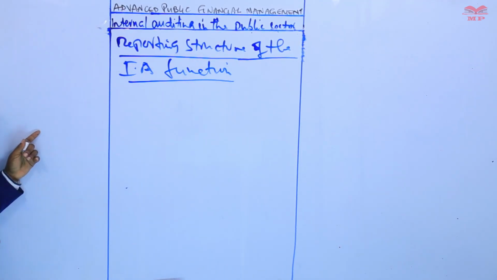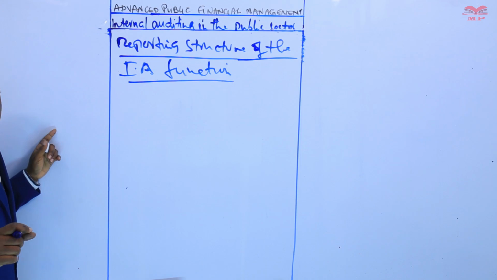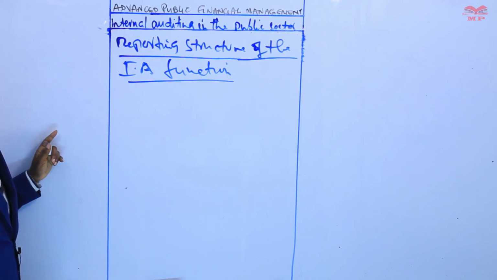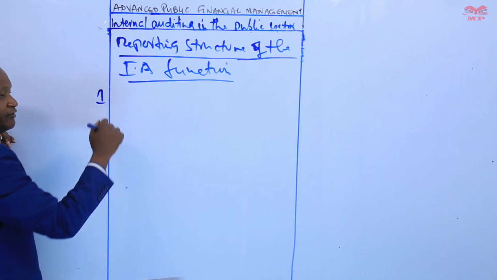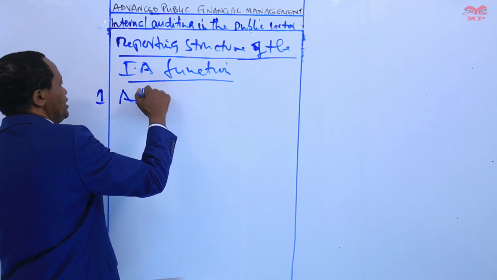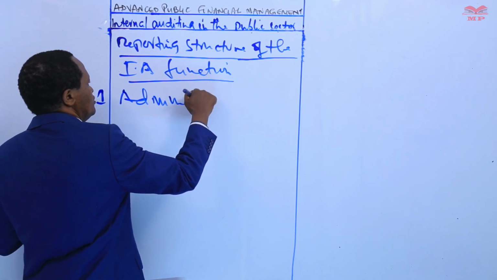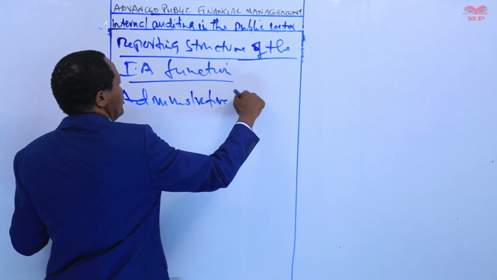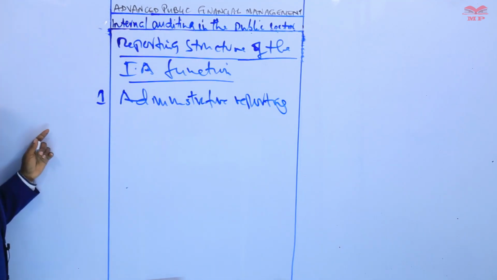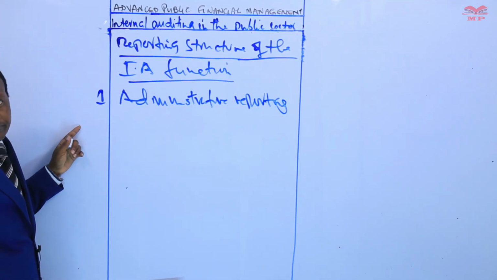And I've just said that the reporting structure involves a dual reporting relationship. One is administrative reporting. Administrative reporting. That is one arm.